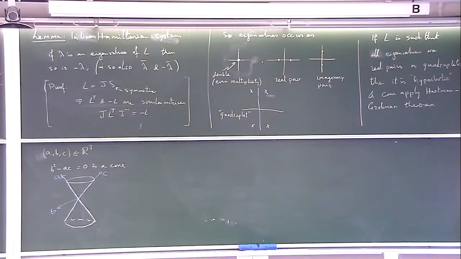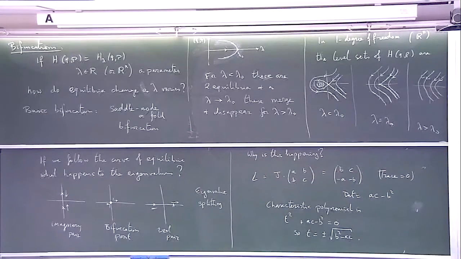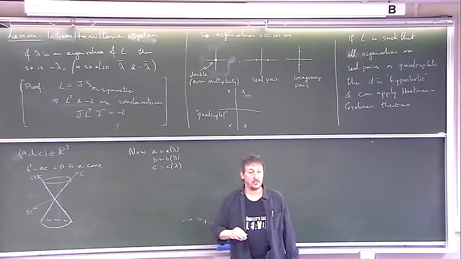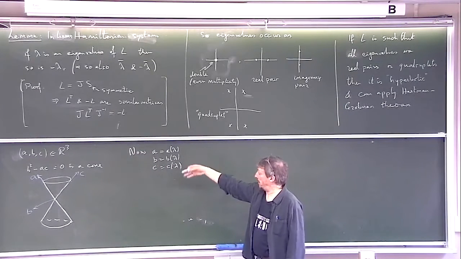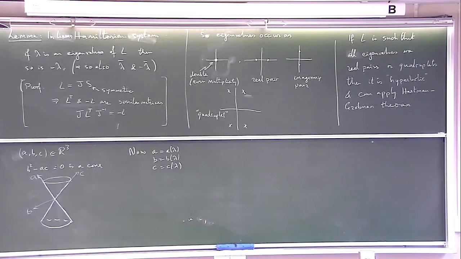The system depends on a parameter, lambda. So that means that this defines A, B, and C as a function of lambda, a curve in this space.